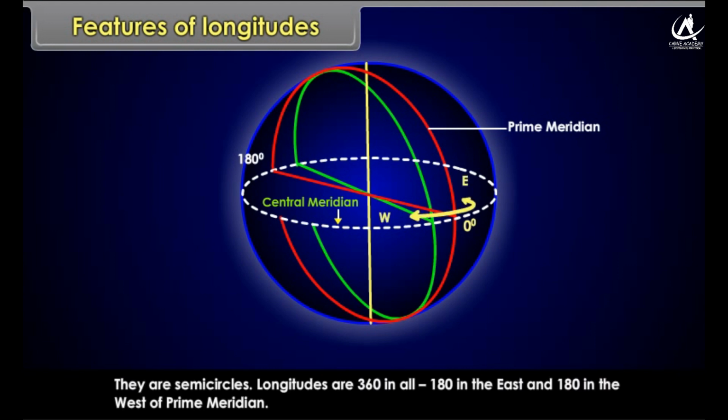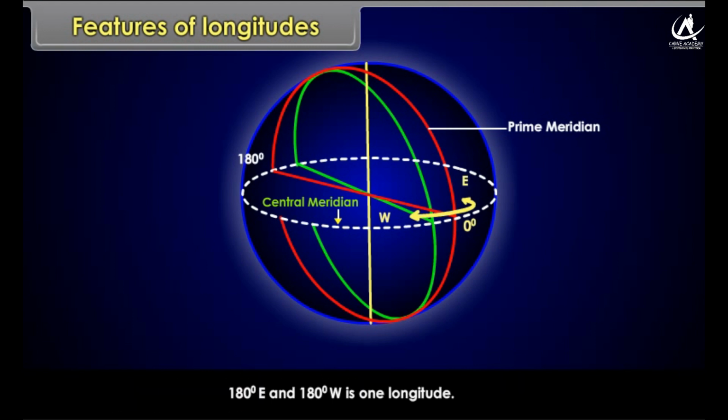They are semicircles. Longitudes are 360 in all, 180 in the east and 180 in the west of prime meridian. 180 degrees east and 180 degrees west is one longitude.